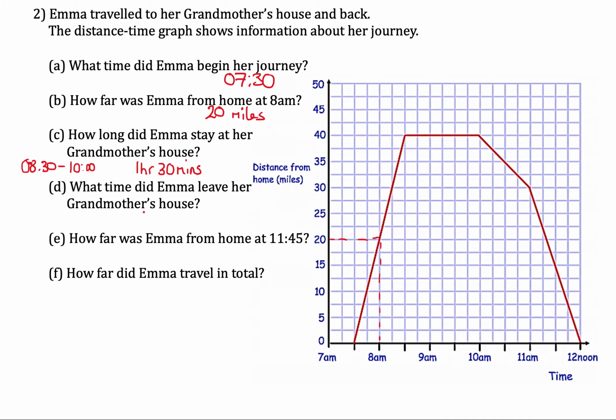What time did Emma leave her grandmother's house? Well, we just worked that out, that was 10 o'clock. How far was Emma from home at 11:45? This is 11:30, which means this must be 11:45. And at this point here, halfway between 5 and 10, she was 7.5 miles from home.